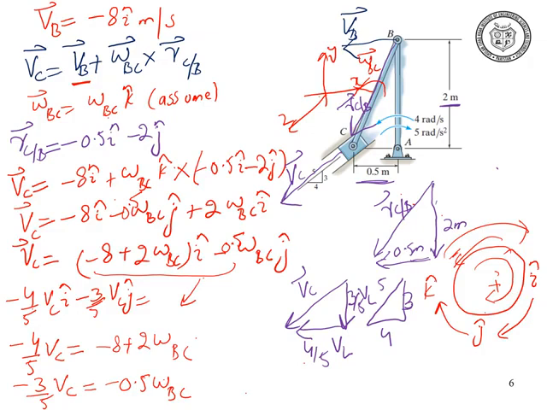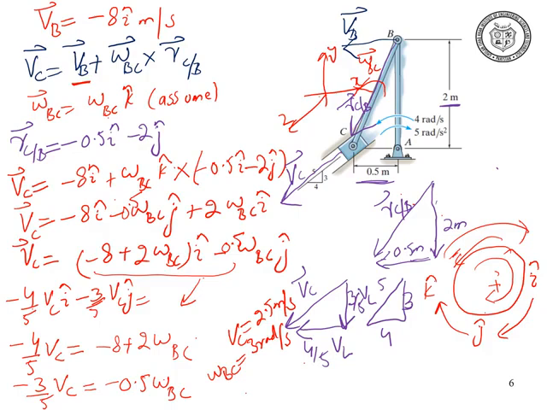So you can find the values of omega Bc and Vc, as you have two equations and two unknowns. The value of Vc will be 2.5 meter per second and omega Bc will be 3 radian per second. So in this way you can find the angular velocity and the absolute velocity for the particles on the rigid body.